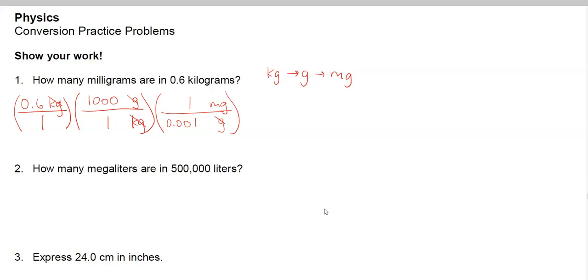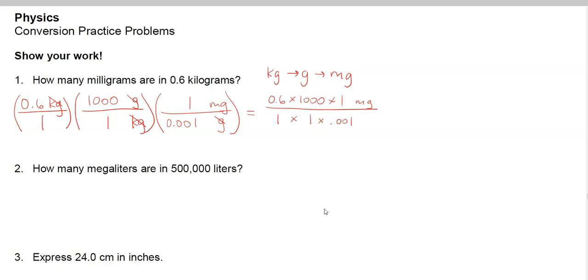Okay, so then when I do this on my calculator, what I'm really going to do is like do 0.6. If I wrote it out, you're probably never going to do this. 0.6 times 1,000, right, times 1 milligrams, all over 1 times 1 times 0.001, right?